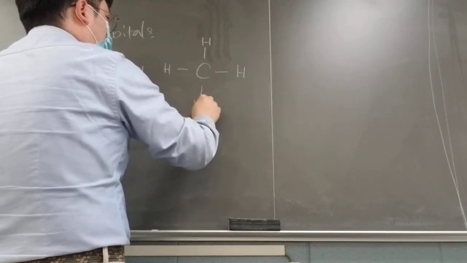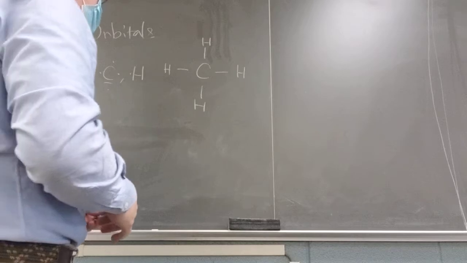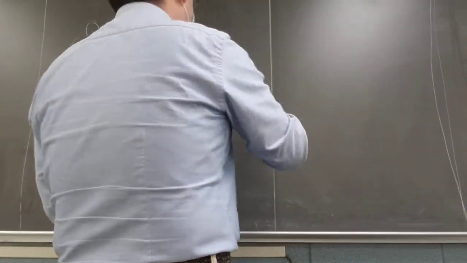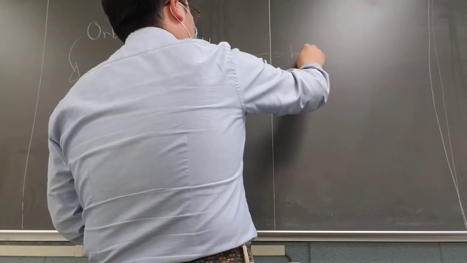And we find out that all the bond lengths and bond strengths were pretty much the same. So we actually found out these were hybrid orbitals, right?